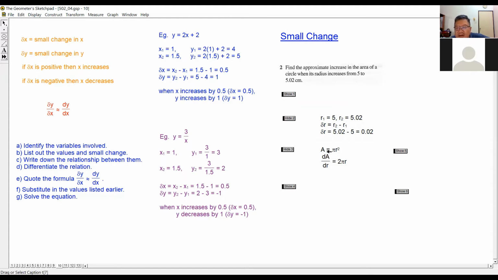Now in this case, delta A over delta R equals dA over dr. The dA over dr you have found out here, 2 pi r. So delta A over delta R is 2 pi r. Okay, this is the formula for this topic. What is the next step?